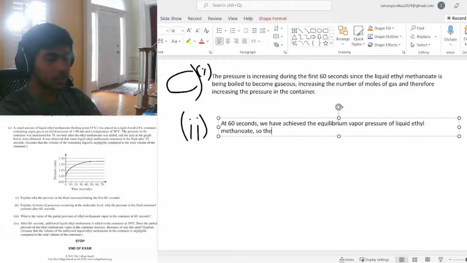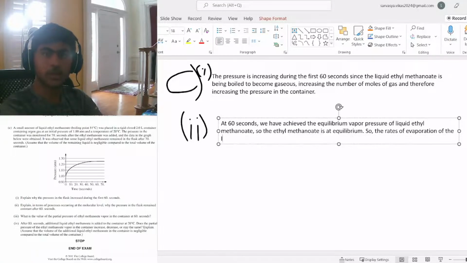So the ethyl methanoate is at equilibrium, right? So the rates of evaporation of the liquid and condensation of the gas are equal.